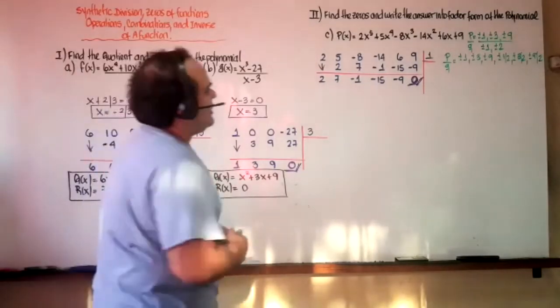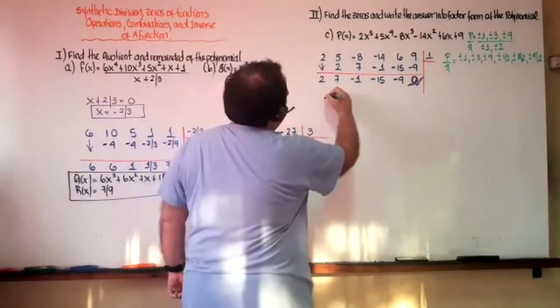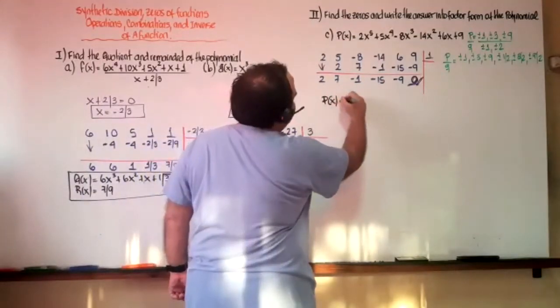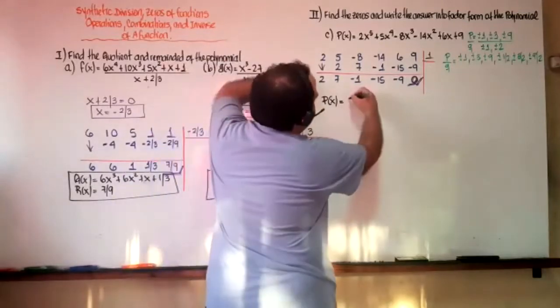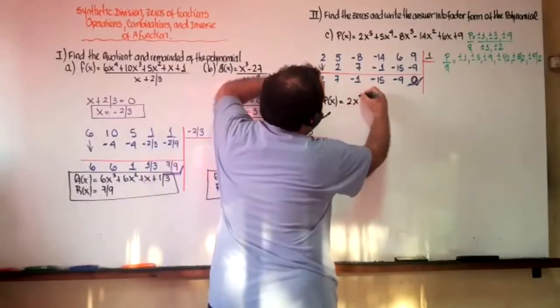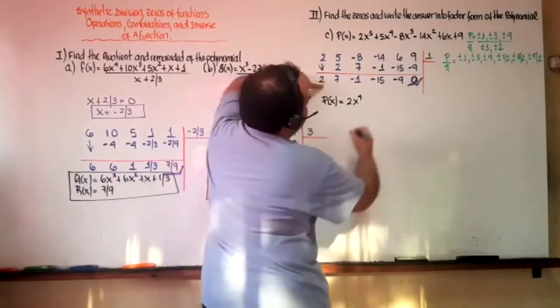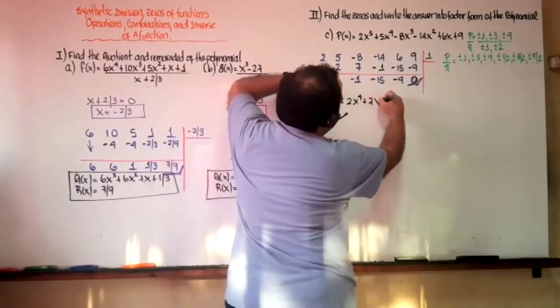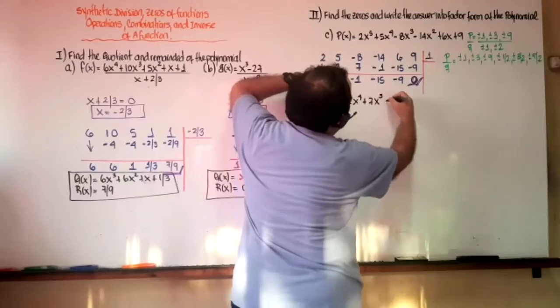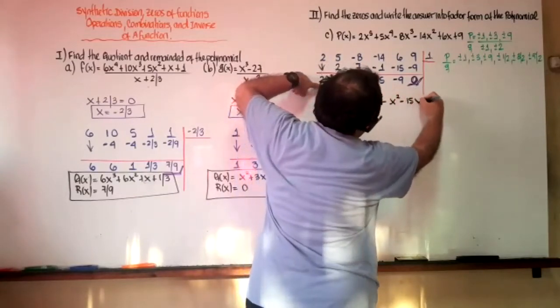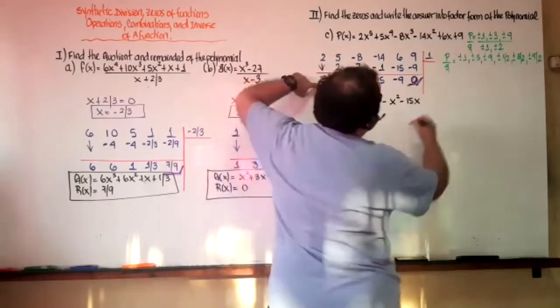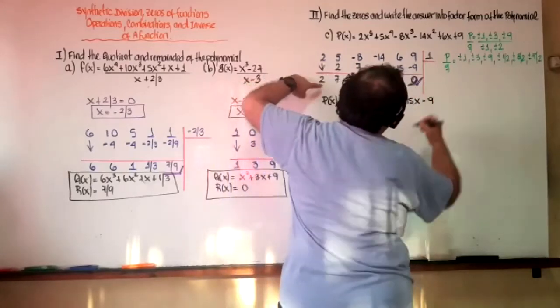Now I'm going to write a new P(x). No quotient and remainder, because we're looking for zeros of the function. We're starting from 2 to what? 2x^4 plus 7x cubed minus x squared minus 15x minus 9. All right.